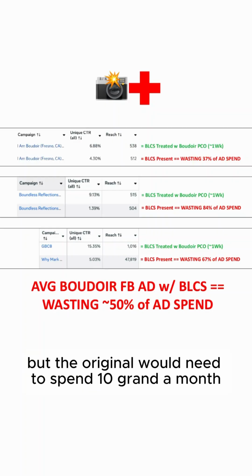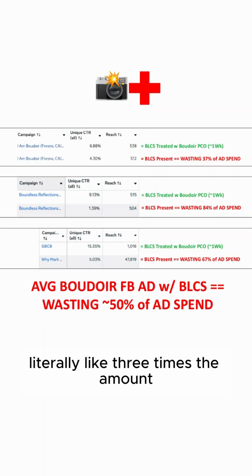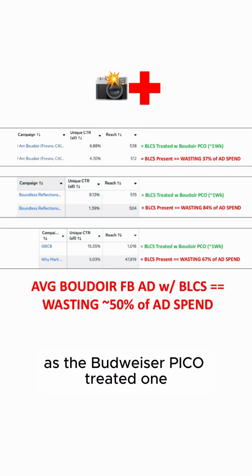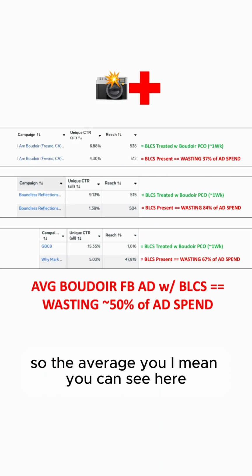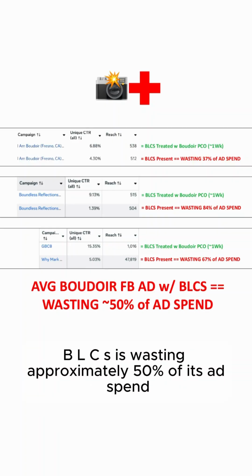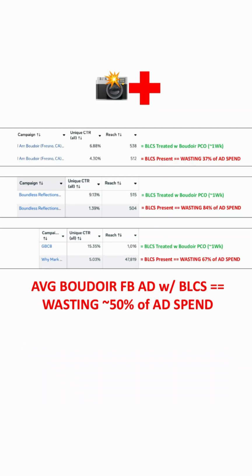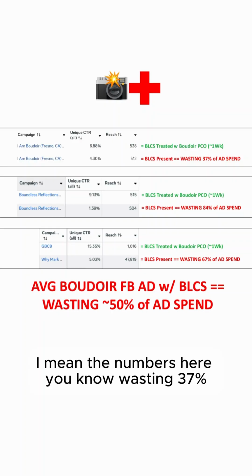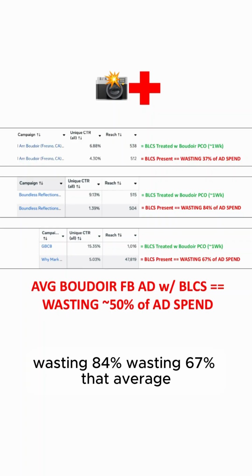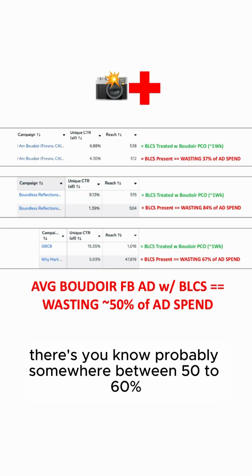But the original would need to spend 10 grand a month, literally like 3 times the amount as the Boudoir Pico treated one. So we can see here the average Boudoir Facebook ad with BLCS is wasting approximately 50% of its ad spend. The numbers here: wasting 37%, wasting 84%, wasting 67%. That average is probably somewhere between 50 to 60%.